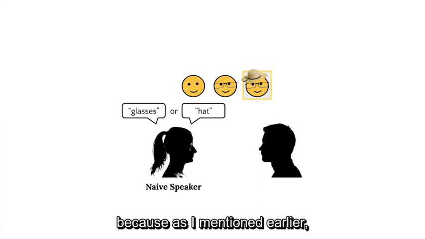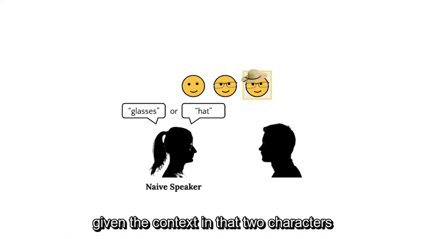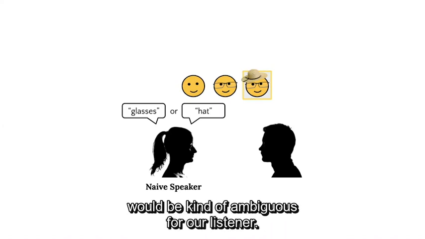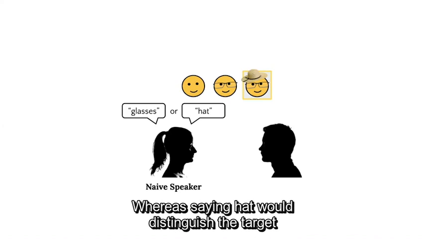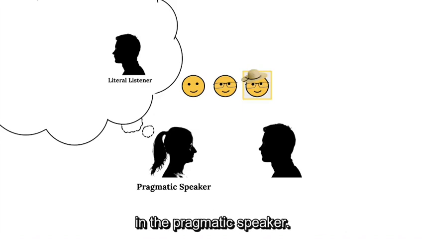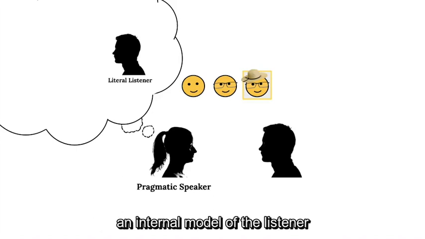Because as I mentioned earlier, if our speaker says glasses, although our target is wearing glasses, given the context and that two characters in our lineup have glasses, this utterance would be kind of ambiguous for our listener. Whereas saying hat would distinguish the target with no ambiguity. And that path of reasoning is encapsulated in the pragmatic speaker. The basis of this pragmatic speaker is an internal model of the listener who she's speaking with.